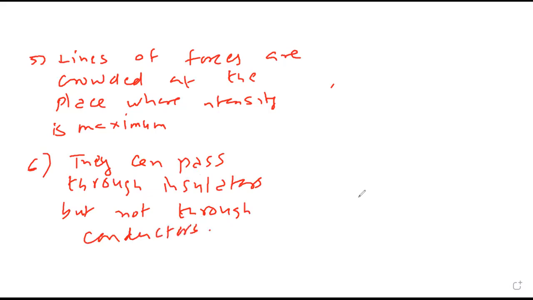Because conductors have free electrons, which are in random motion in so many directions, the net field will become zero. That's why they cannot travel through conductors, but they can pass through insulators.